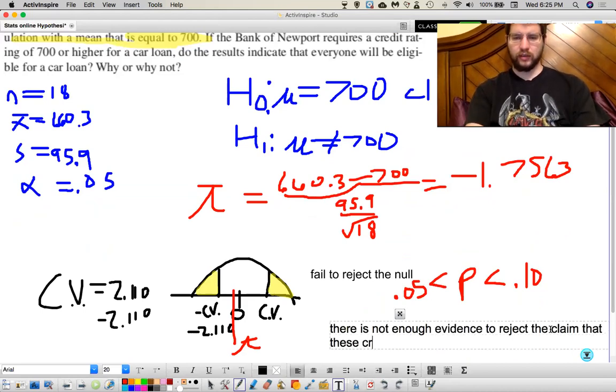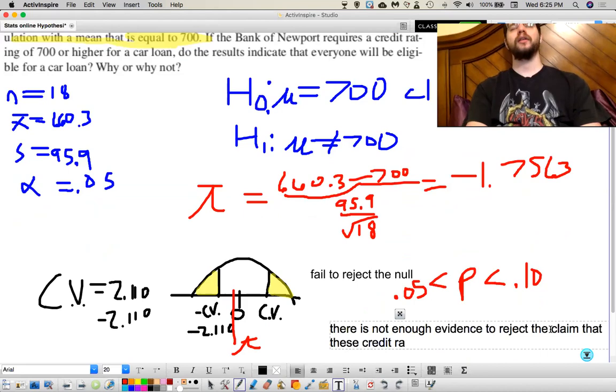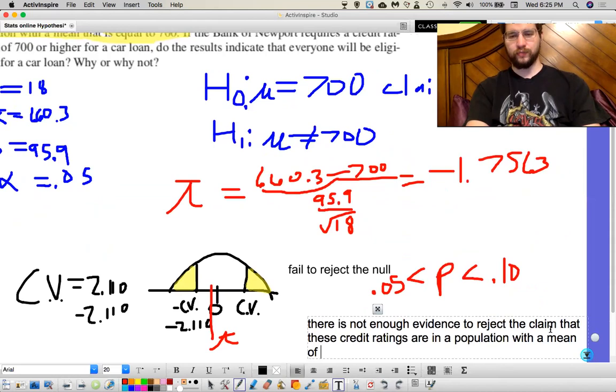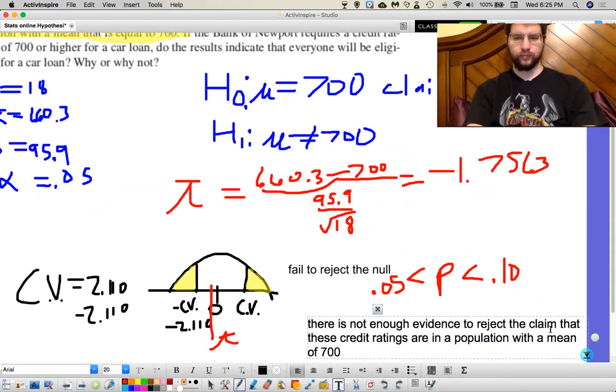These credit ratings are in a population with a mean of 700. So that'll be my conclusion there.